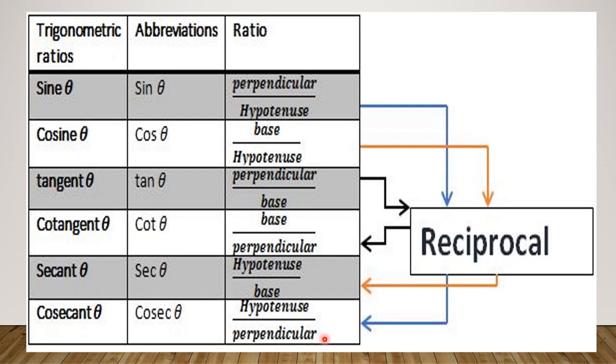Now when we have to remember these relations, there is a trick to remember them. If we write sine cos tan, these three are the main ones. For remembering the ratios of these sides, there is a saying: sine cos tan. In the same sequence we have to write sine cos tan.